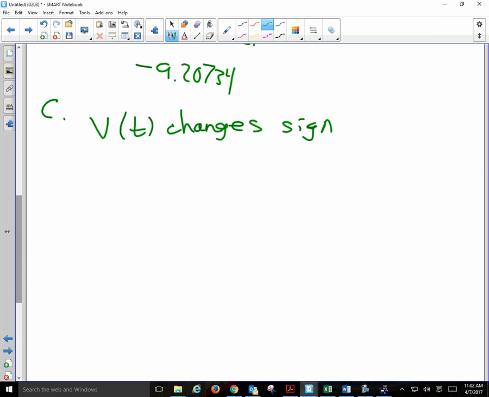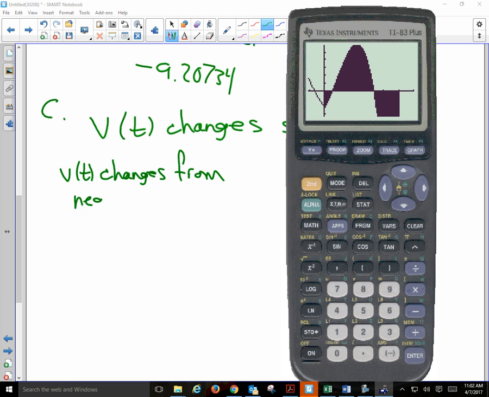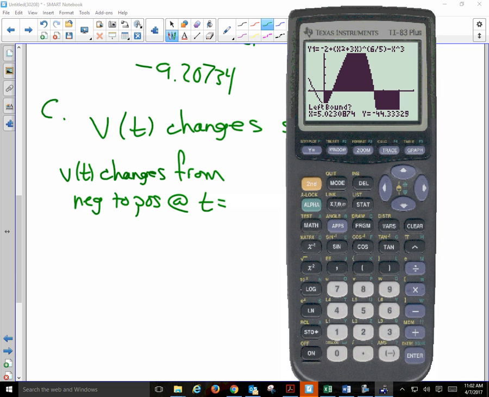So if I look at the velocity function right here, my graph, you can see that it changes sign right here and right here, right? So I could say v of t changes from negative to positive at t equals, I'm going to put 0, there it is.